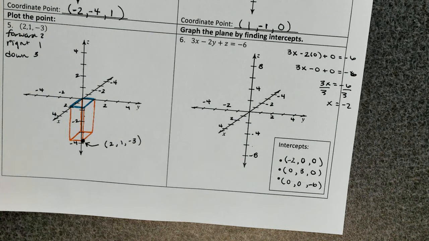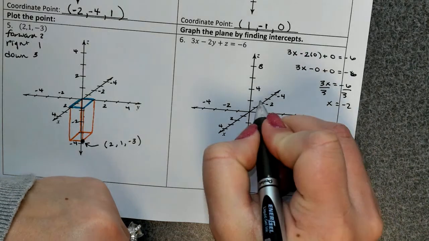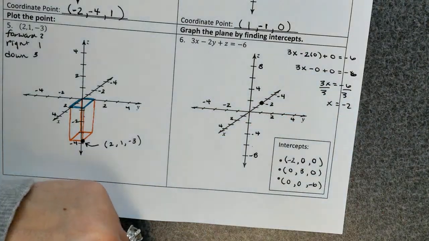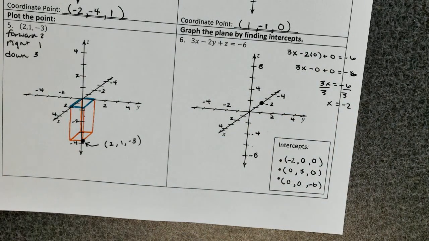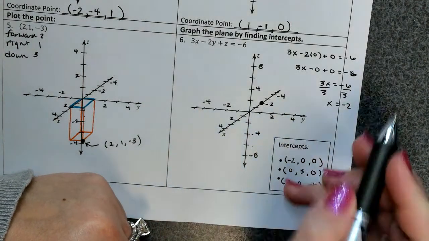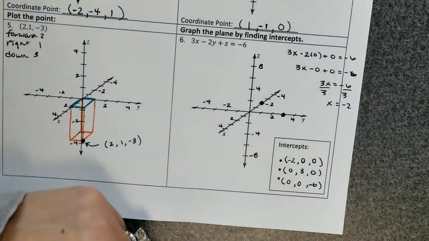Now let's actually plot all those points on the x-axis. All we're looking for is the x-intercept at negative 2. Put a point on the x-axis at negative 2. Number 8, what do I do from there? Go to the y-axis and put a point at 3. Good.